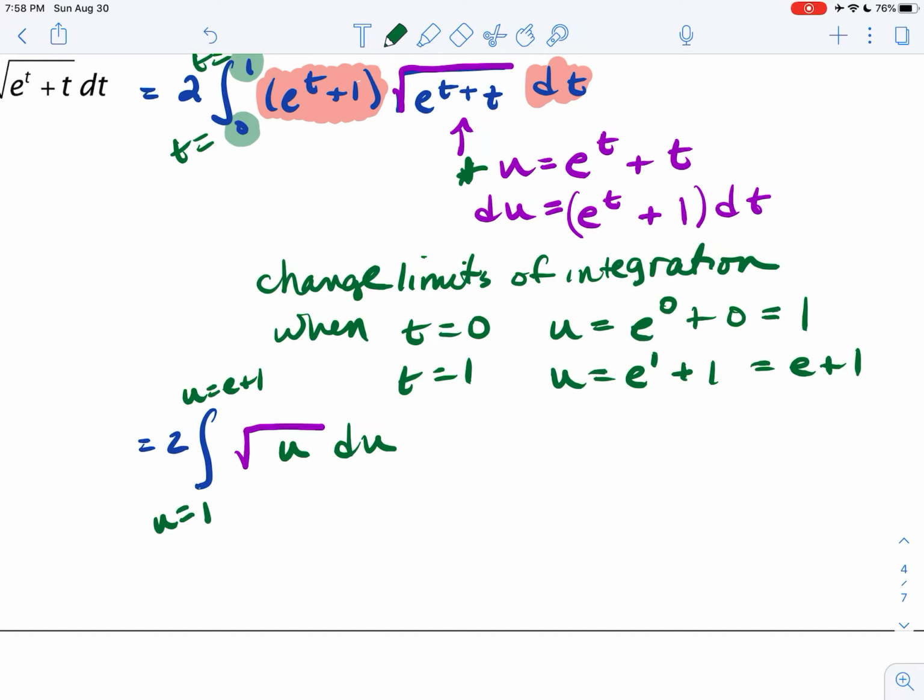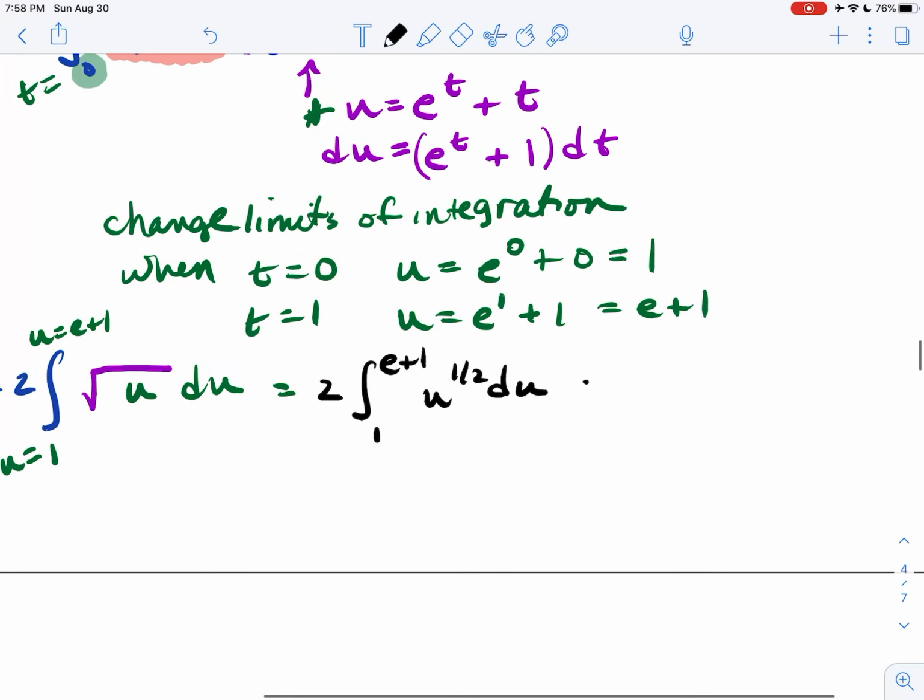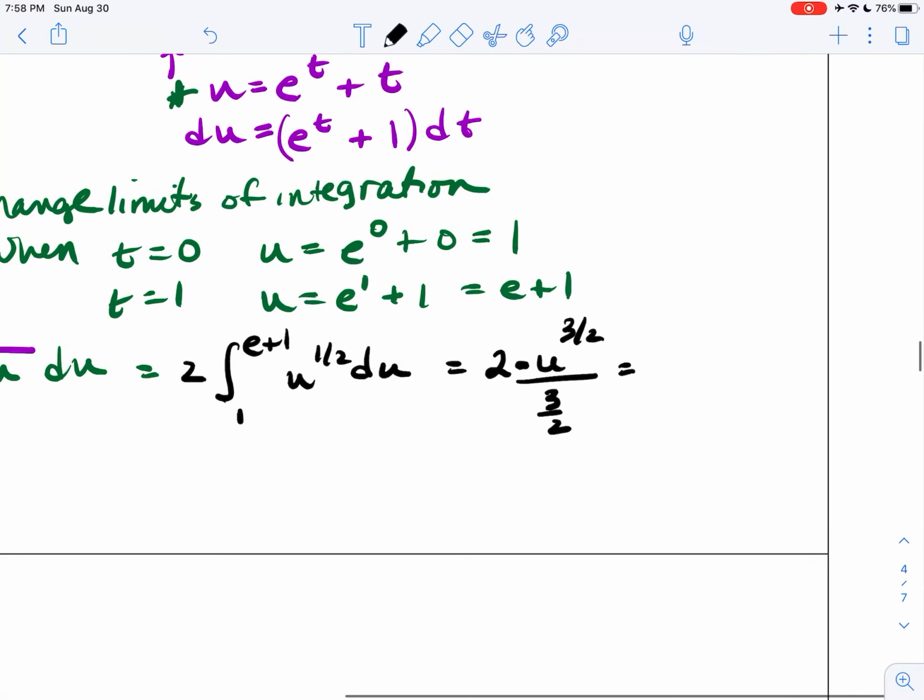And this we can do using the power rule by using algebra manipulations, and so I would end up with 2 times the integral from 1 to e plus 1 of u to the 1/2 du, and that's going to give me 2. If I add 1 to 1/2, I get 1.5, and 1.5 is 3/2, and I'm going to divide by 3/2.